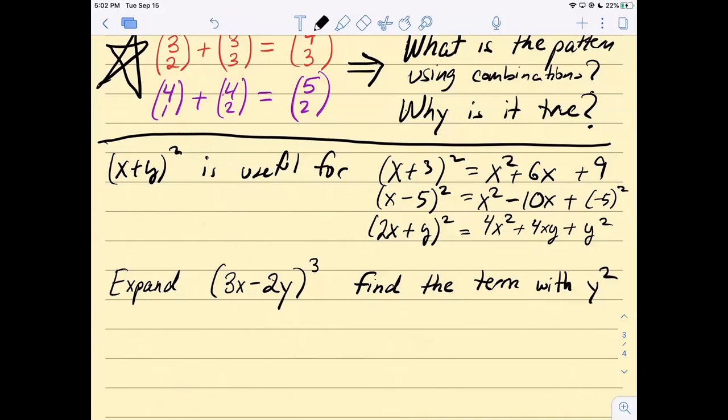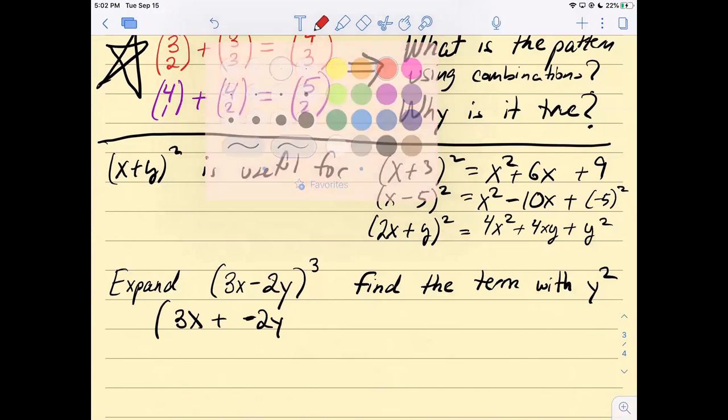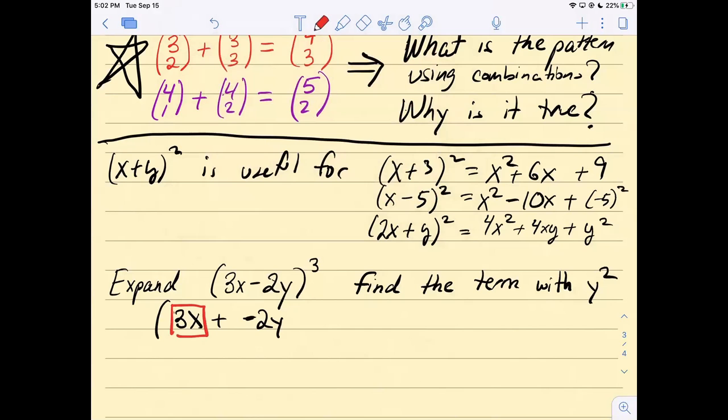And I'll give you a little hint. This is really like 3x plus negative 2y. So you want to think of these things. This is like the x, some quantity, and this is like another quantity.